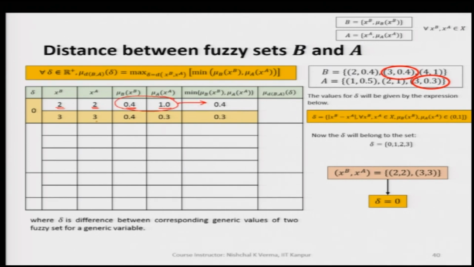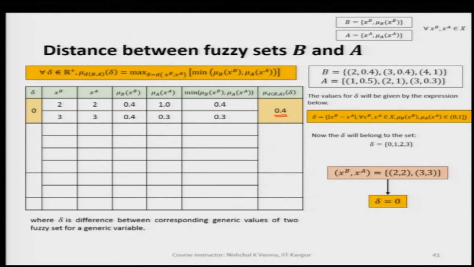Similarly, for 3 3, we get 0.3. Now, as we have already seen in the previous example, for mu d of b comma a of delta, we take the max of these two values. When we take the max of these two values, we get 0.4. Now, we have completed all the entries for delta equal to 0.